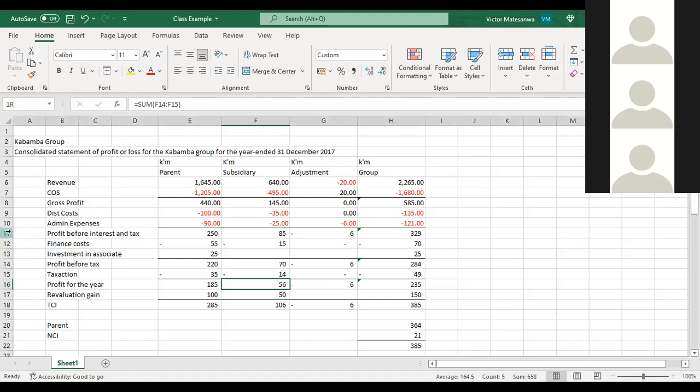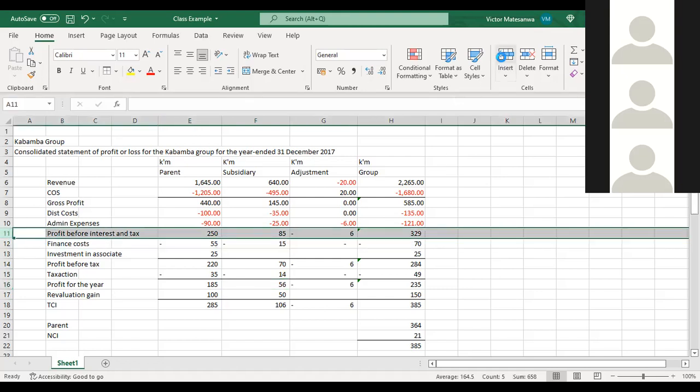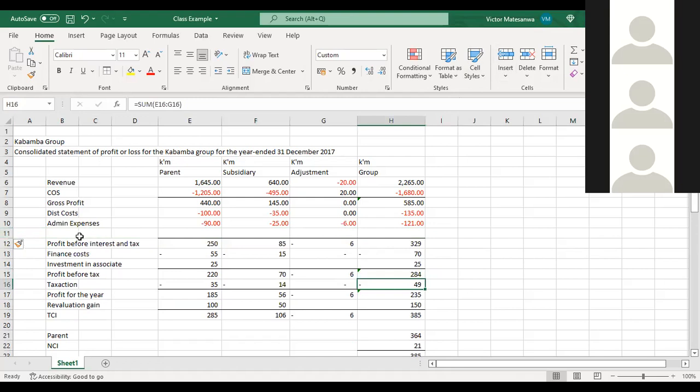But we know that impairment is going to be part of it, so that we have it in line F to adjust your TCI. Your 106 is supposed to be about 100. You're saying like this? Yes. Then you can have your 6 there.